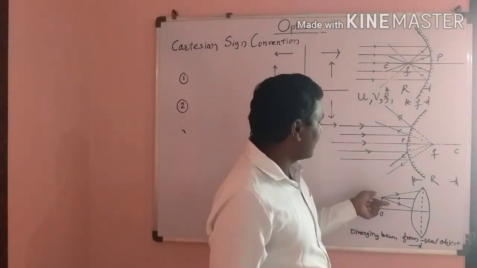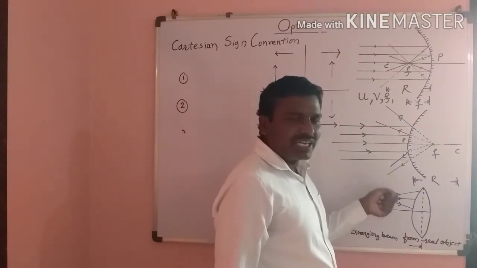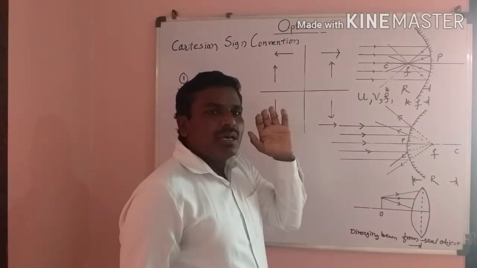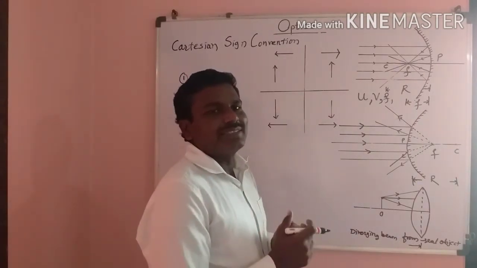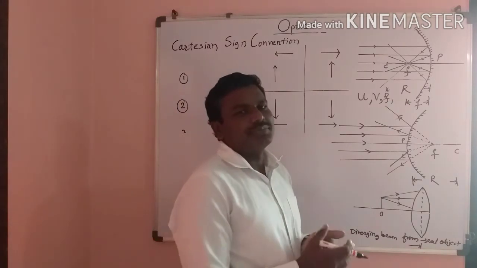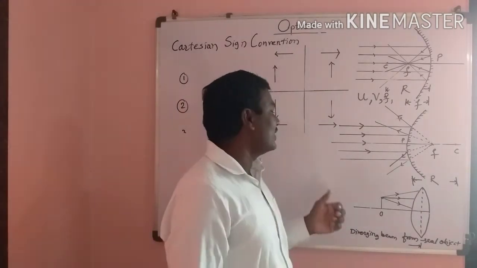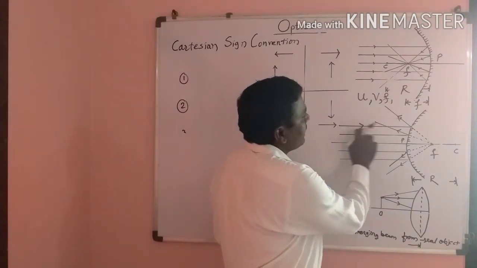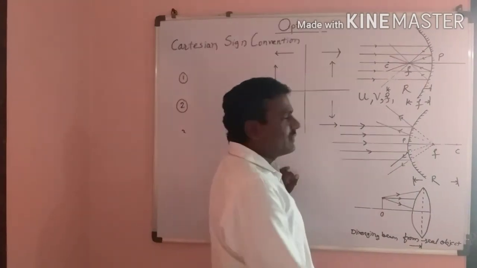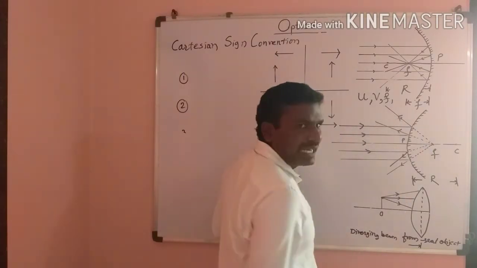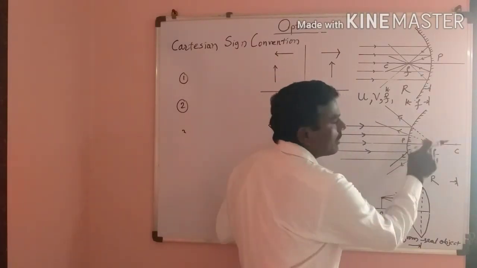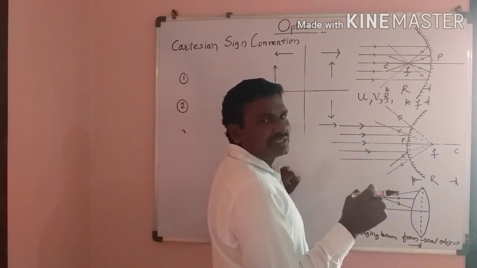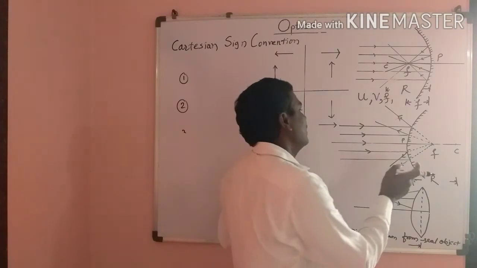When the rays are diverging, the object is a real object. If we consider converging rays of light that converge at this point F, then the object is a virtual object.